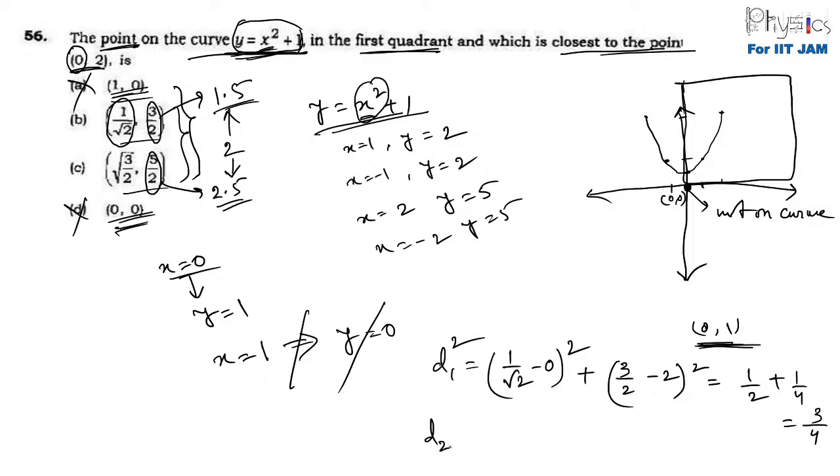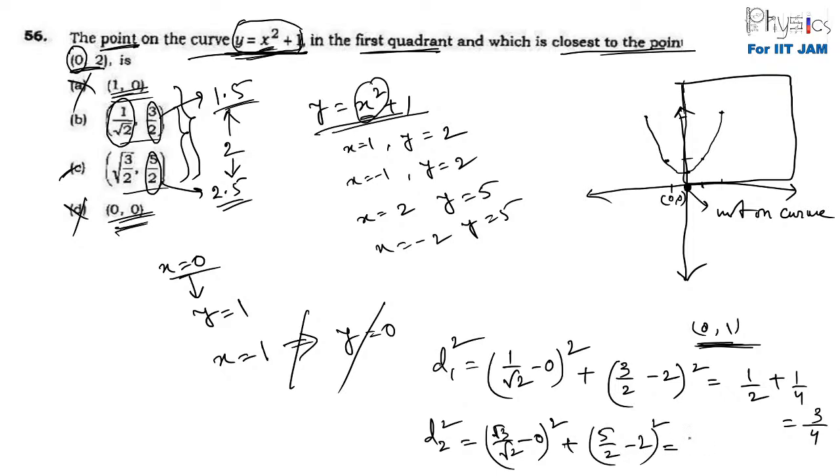And for this one, d2 is (root 3 by 2, root 3 by root 2 minus 0) square plus (5 by 2 minus 2) square.